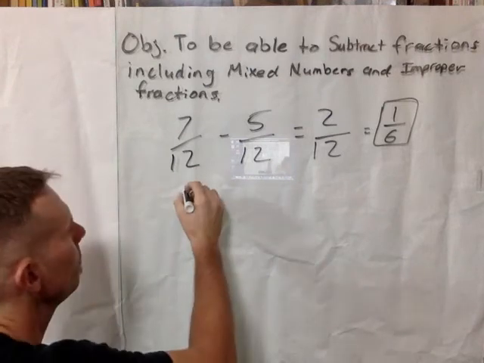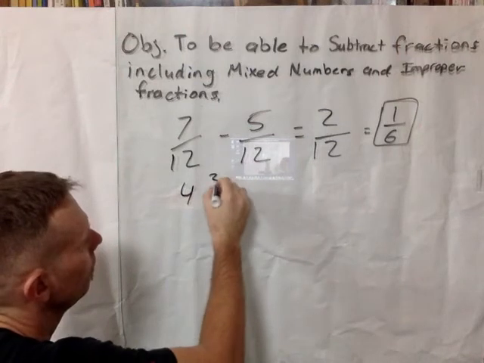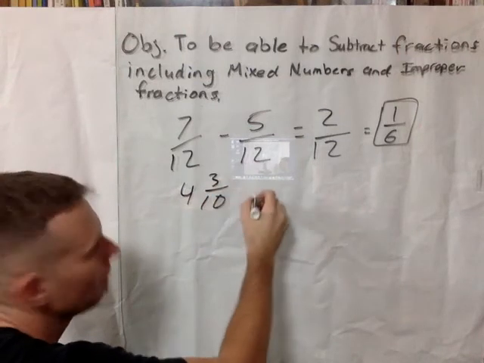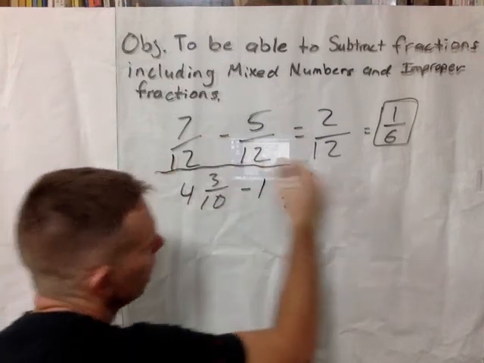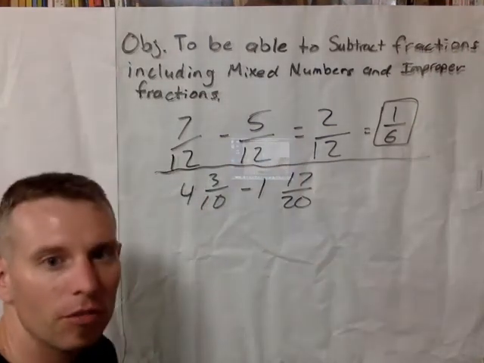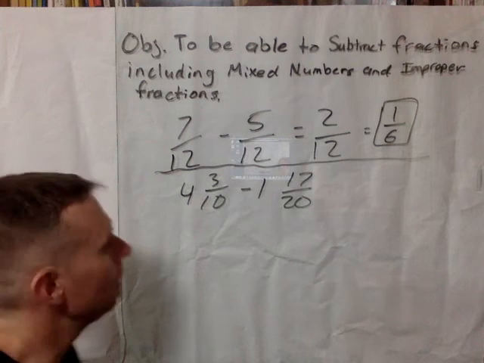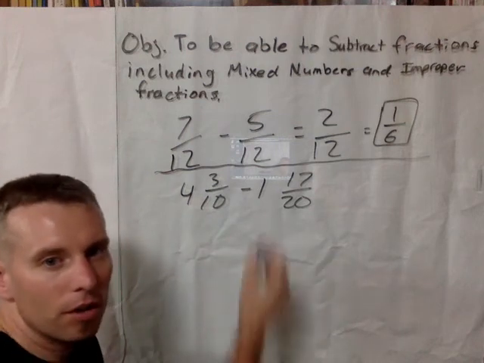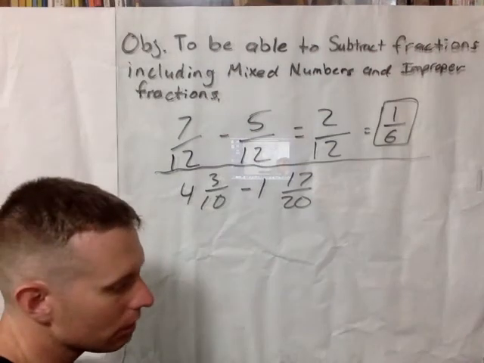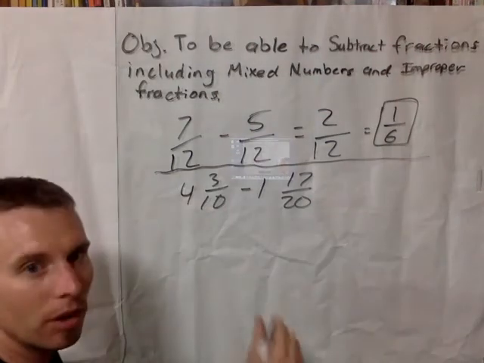Let's do another one that maybe is a little bit more difficult. 4 3/10 minus 1 17/20. Well, for this one, we see that the denominators are not the same, and these also are mixed numbers, so we will first make them into improper fractions.